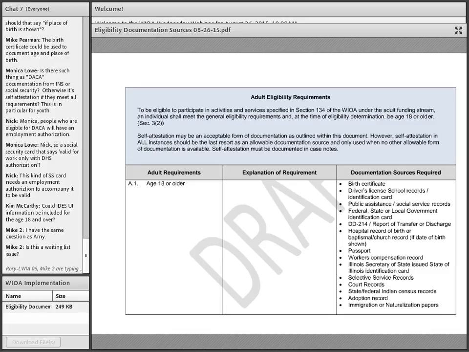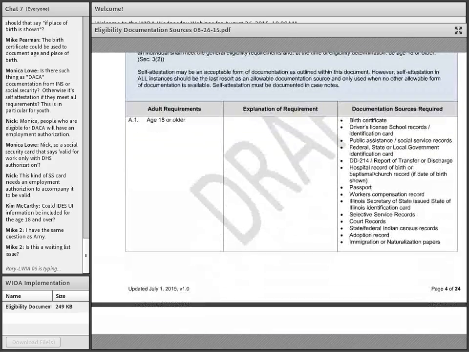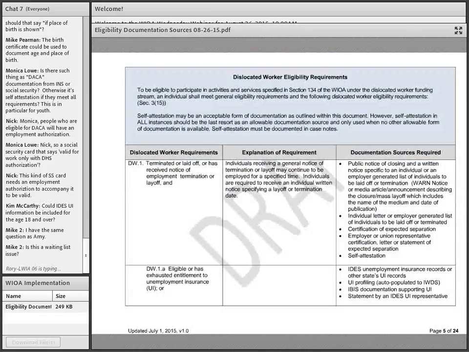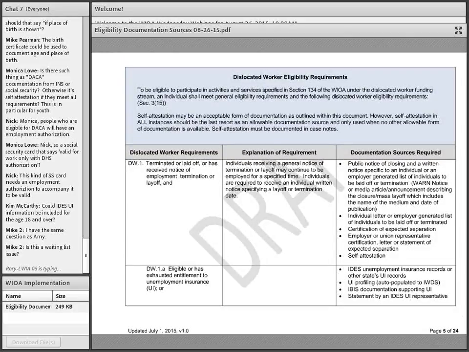So again, minimal requirements for the adult population outside of the general and age restriction. We'll move into the dislocated worker group, which becomes more extensive, not quite as much as the youth program, but we have about 11 different criteria that someone can qualify under to become a dislocated worker, and those all appear on the left-hand side.